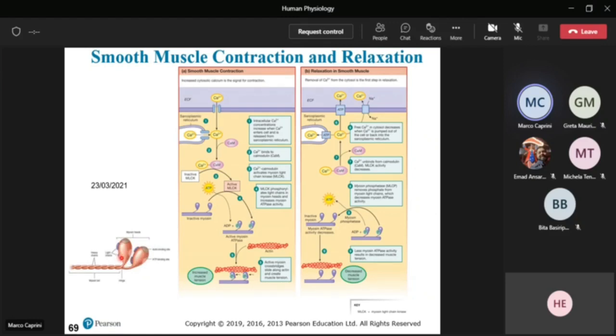The phosphorylation and the dephosphorylation of the myosin light chain can control the muscle contraction and relaxation. Only when the calcium enters the cell and combines with the calmodulin is this process activated. Calcium-calmodulin activates the myosin light chain kinase that phosphorylates the light chain and produces the power stroke.